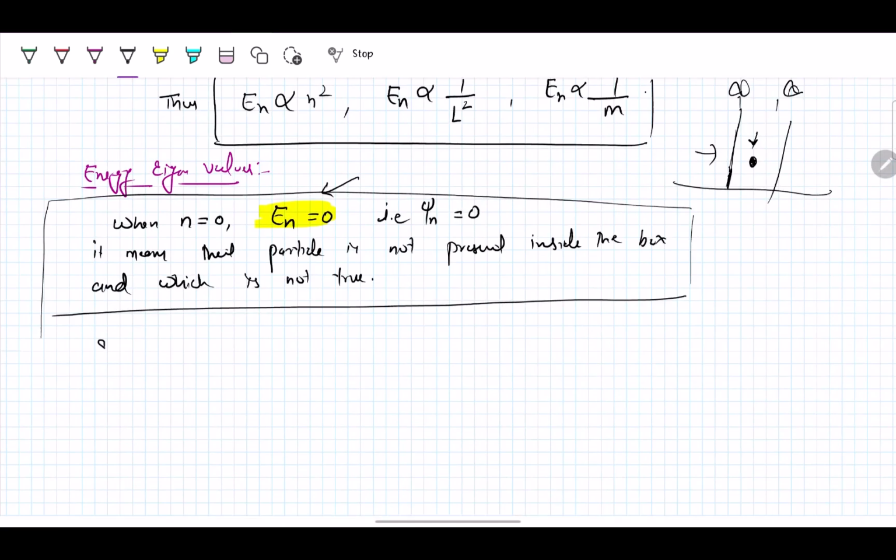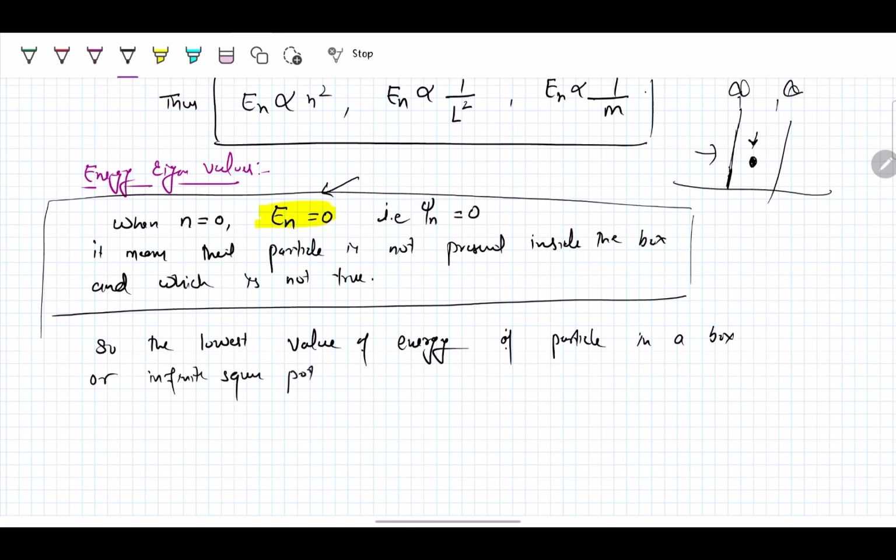Okay, so we can write it as: the lowest value of energy of a particle in a box, or infinite square potential well, is at n is equal to 1.